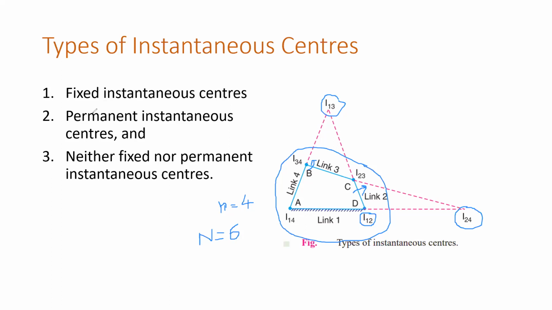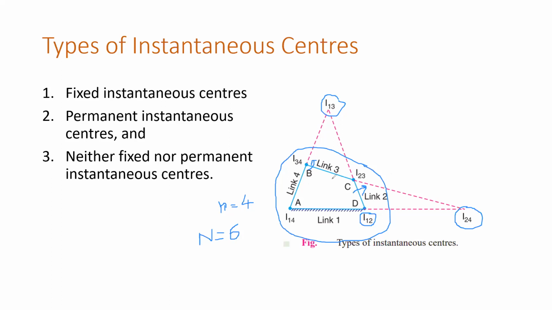Next is permanent instantaneous centers. Though they change their position from position to position, they can easily be cited. You can easily say where those points are. You don't need any special geometrical construction in order to locate these points.